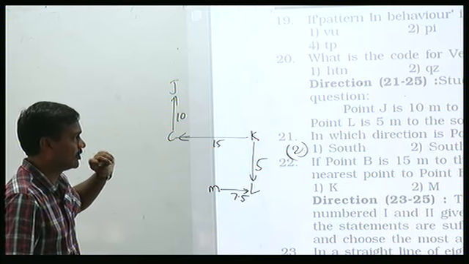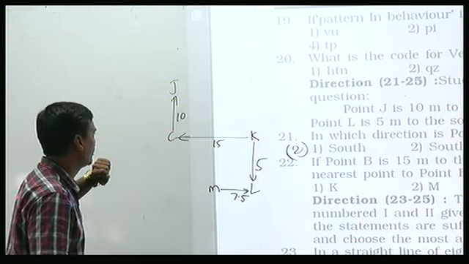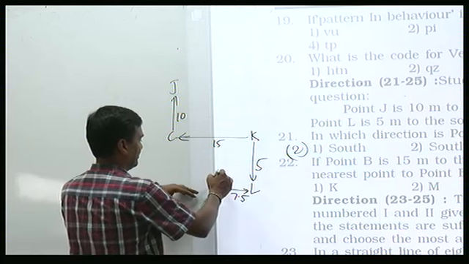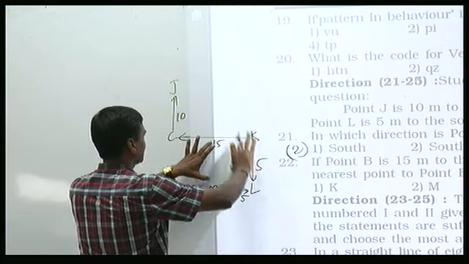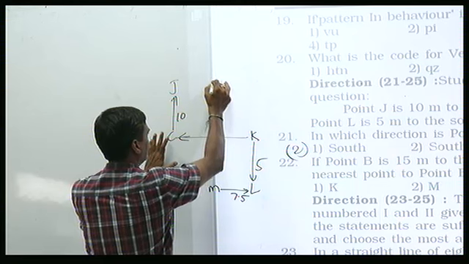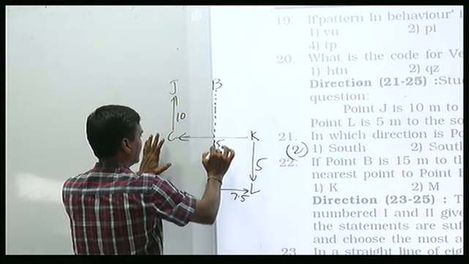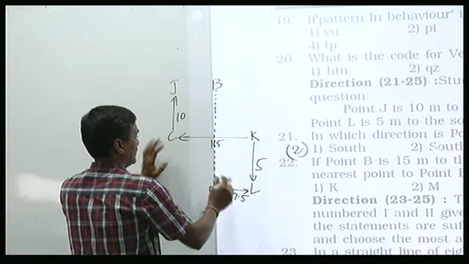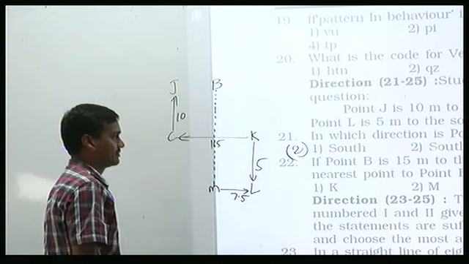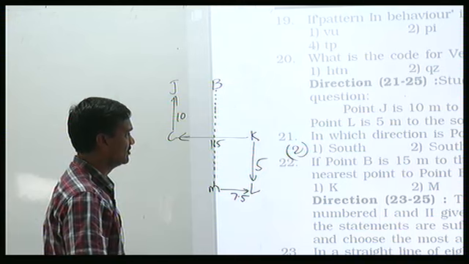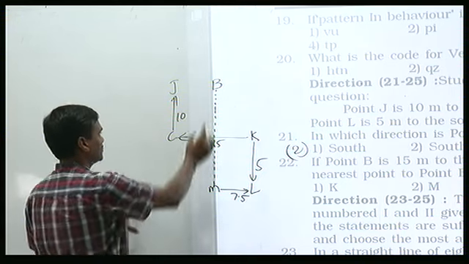Then next one. Point B is 15 meters to the north of point M. From here 15 meters means this is 5 and this is 10. Hence, these two must be in the same line. Then which of the following will be the nearest to point B?